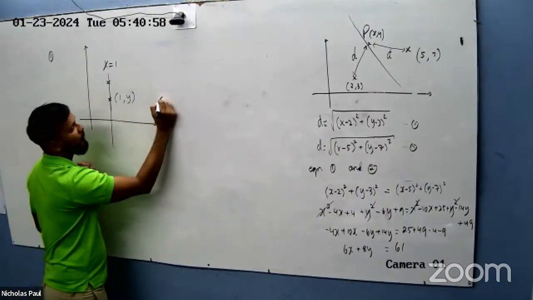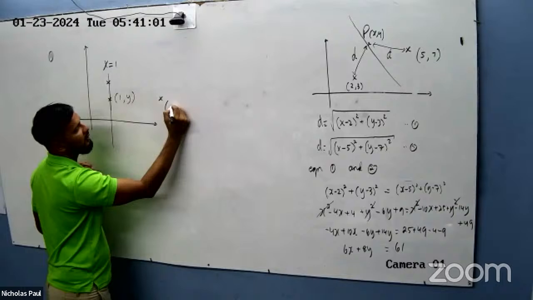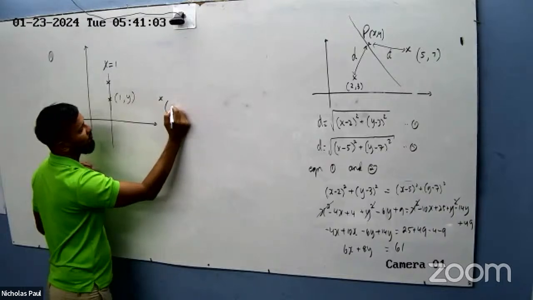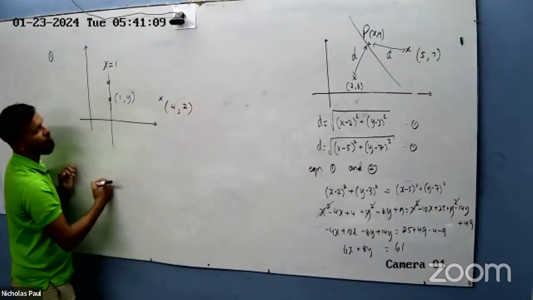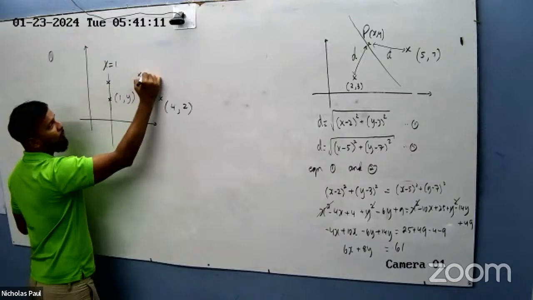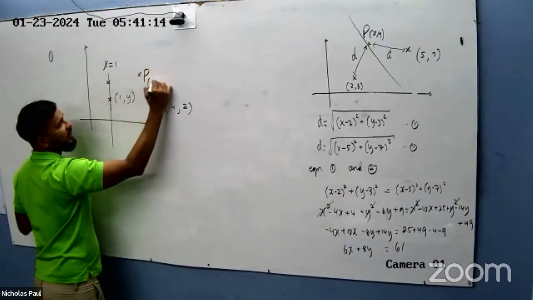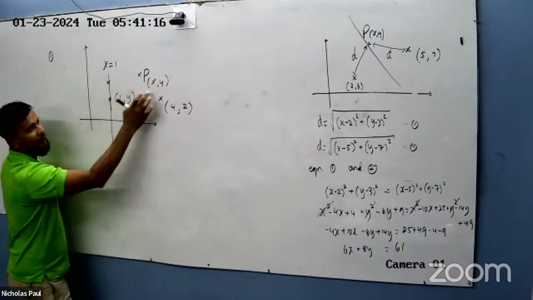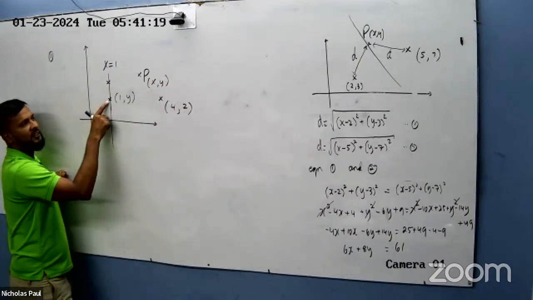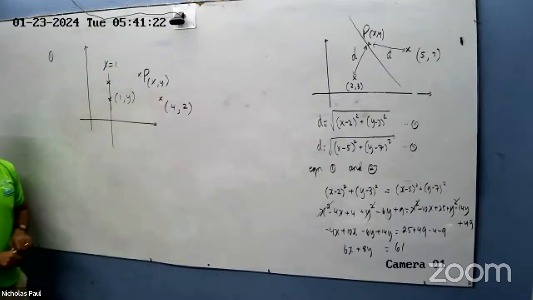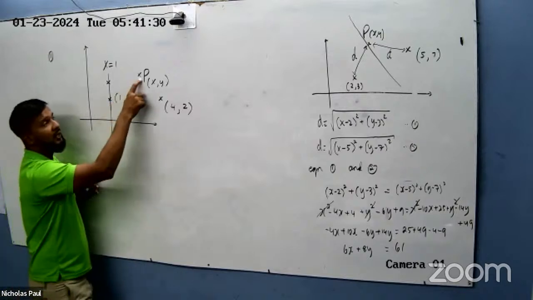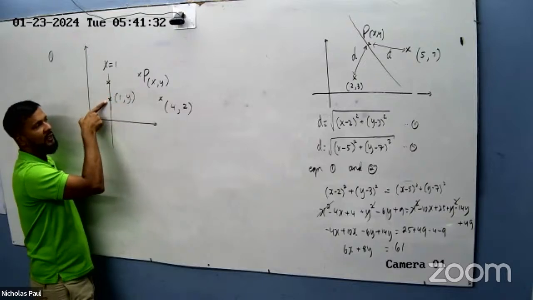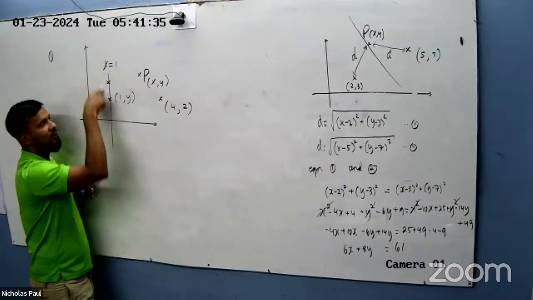So let's say we have a point (4, 2), and we have the point P. P is (x, y), of course, and P is always equidistant from this line and this point.